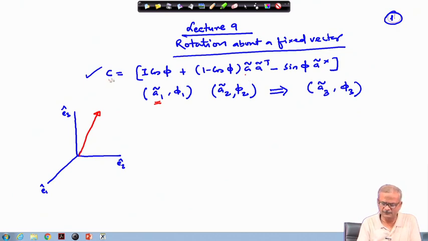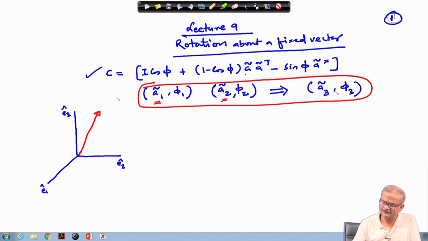So either we go from C to A and phi, or from A and phi to C. Here our objective is, given two rotations phi 1 and phi 2 about A 1 and A 2, what will be the equivalent of that. This we have already done, this part we have derived, and I will look back into this again.